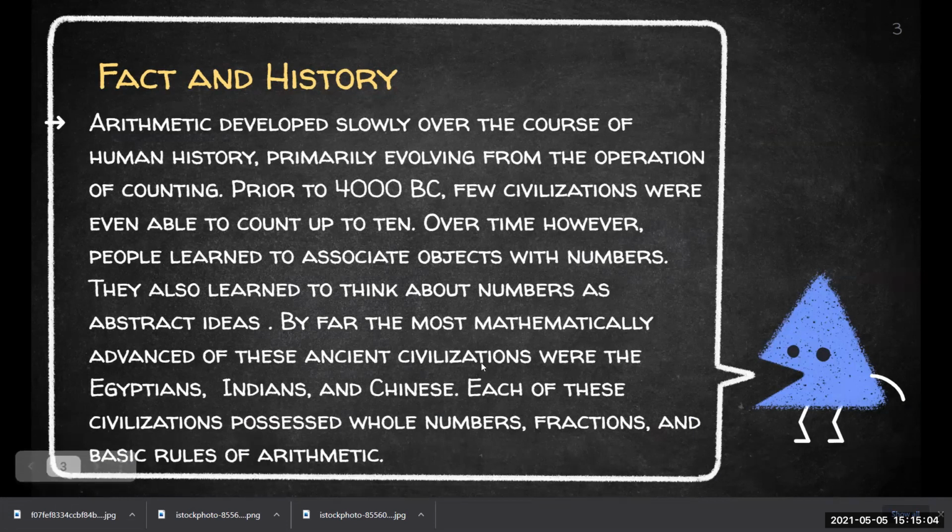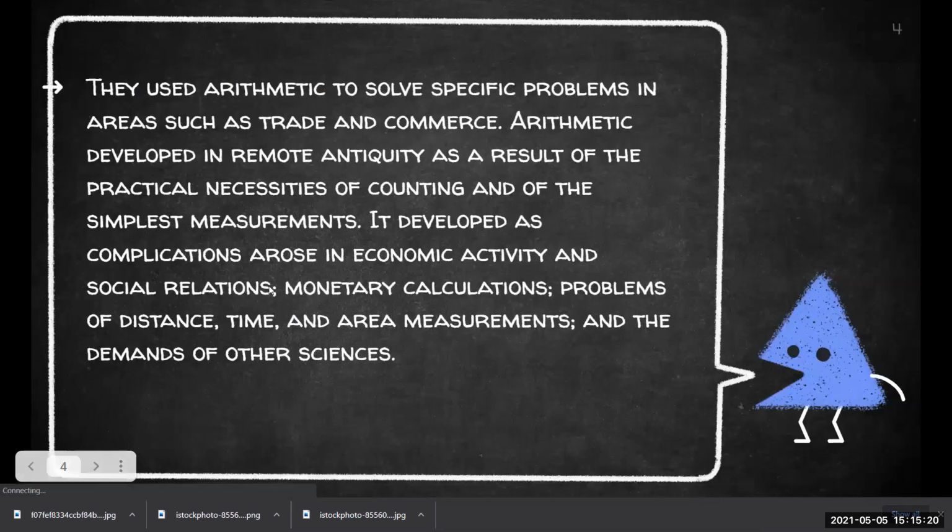By far, the most mathematically advanced of these ancient civilizations were the Egyptians, Indians, and Chinese. Each of these civilizations possessed whole numbers, fractions, and basic rules of arithmetic. They used arithmetic to solve specific problems in areas such as trade and commerce.